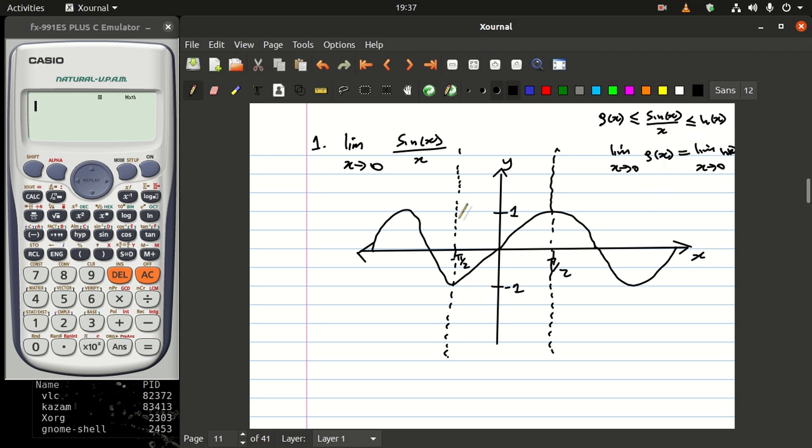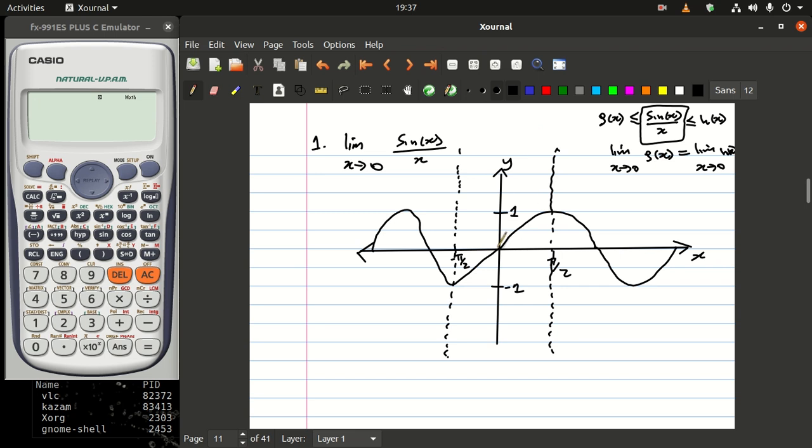Because this function is going up and down, it's really hard to find the function. Remember here what we are trying to do. The end goal, we want to end up with a function that is actually like this in the middle. But now we only know how to draw sine and the information of sine.